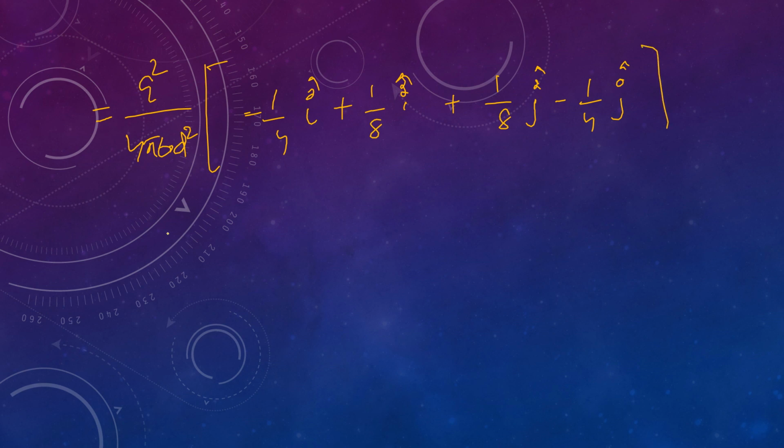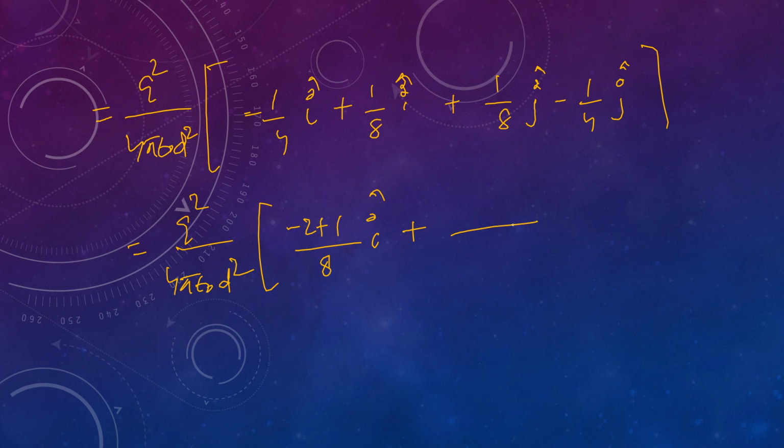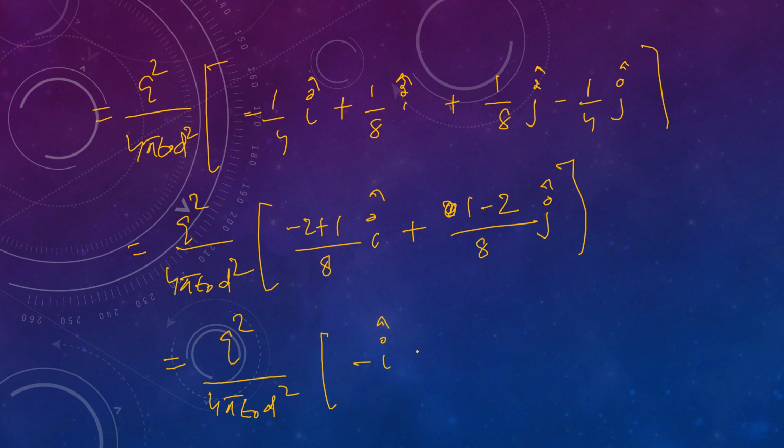This is minus 2 plus 1 i cap plus 1 minus 2 j cap. So q square by 4 pi epsilon naught d square, minus i cap minus j cap, whole divided by 8.